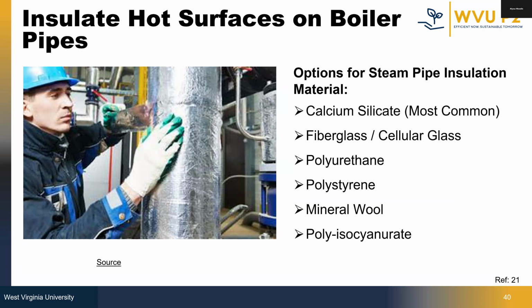The choice of material depends on factors like surface temperature, exposure conditions, and cost. The goal is to minimize heat loss and keep the system efficient while ensuring that the insulation holds up over time. In a lot of cases, when you find uninsulated steam pipes, at some point in their life, they were insulated. It's just failed and fallen off or been removed and never been replaced.